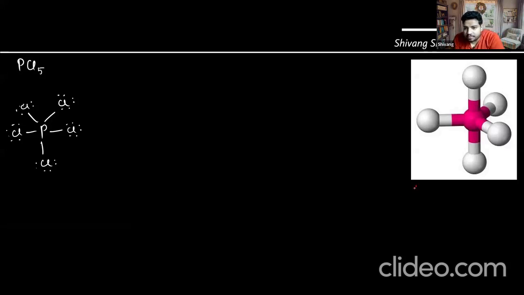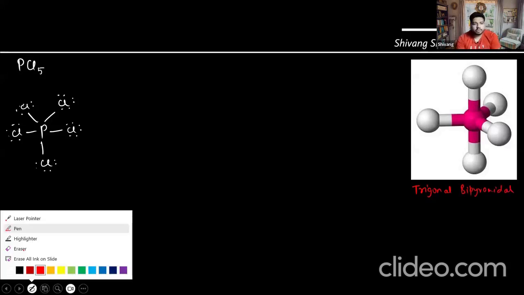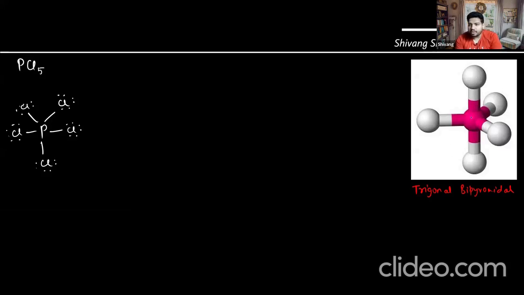This is your trigonal bipyramidal shape. Trigonal bipyramidal. How do we do it? We do it like this. See, there is a phosphorus in the middle. We have chlorine, chlorine, chlorine, chlorine, and chlorine.